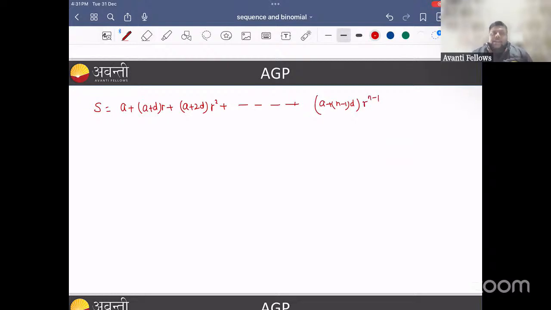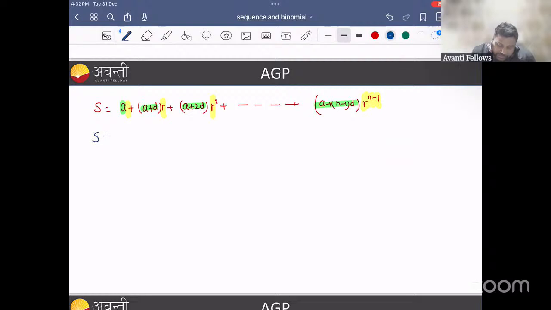This is the n terms of an AGP. If you realize, an AP is going A plus D, A plus 2D, A plus N minus 1 D, and simultaneously a GP is going 1, R, R square, R to the power N minus 1. So this is an AGP.